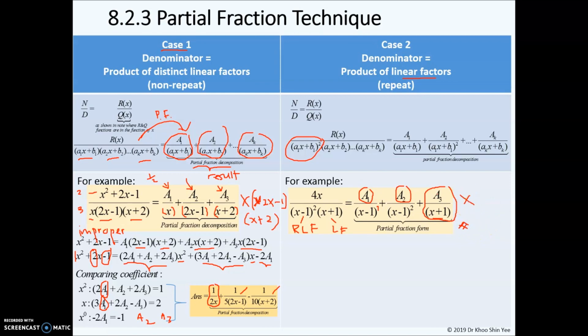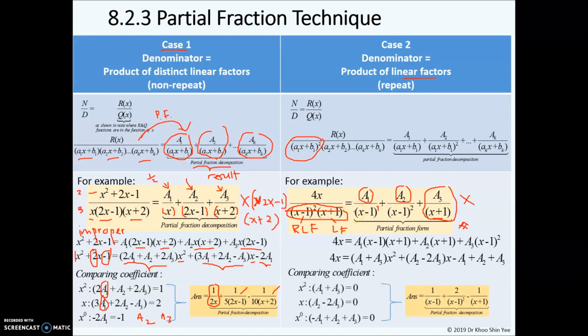Then you multiply both sides with the denominator here, right? So this will be cancelled off at the left. And on the right side, this is what you should have. For a1, x minus 1 multiplied with x minus 1 squared, you get x minus 1 to the power of 1 times x plus 1.